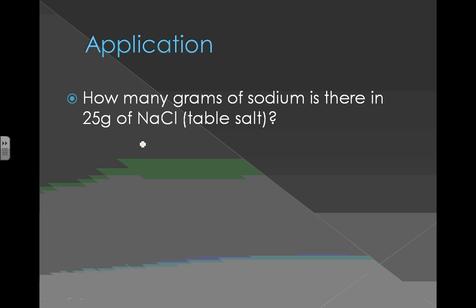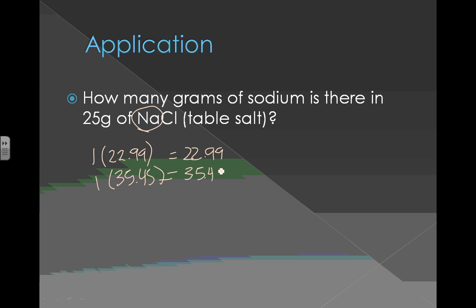So let's work this out here. First of all, let's find the percent composition of sodium. We have 1 sodium with a mass of 22.99 and 1 chlorine with a mass of 35.45, and our total will be 58.44.